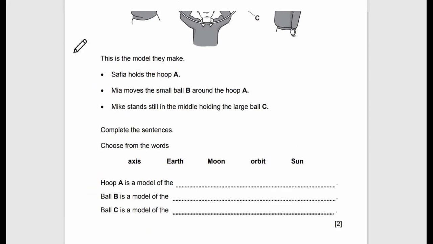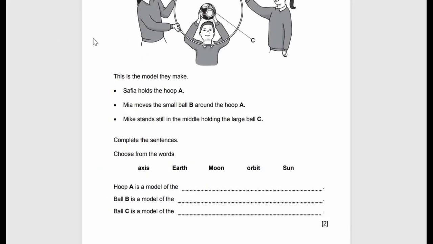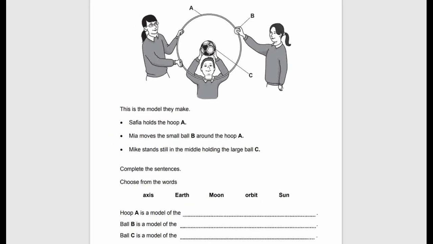Let me zoom out and again zoom out so we can see clearly all the pictures. Now, hoop A is the model of orbit. Ball B is the model of the Earth, and ball C is the model of the Sun.